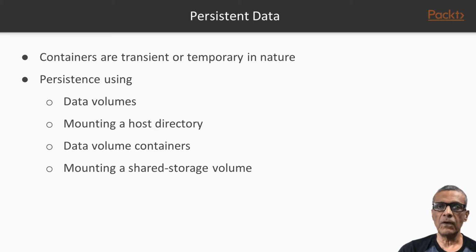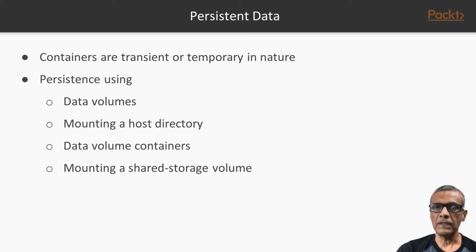This deletion of all its data within a container on its removal represents a major problem for running applications like databases, where availability of this data is essential rather than desirable. Availability of data even after the process with which it was created has ended is called persistence, and such data are called persistent data.